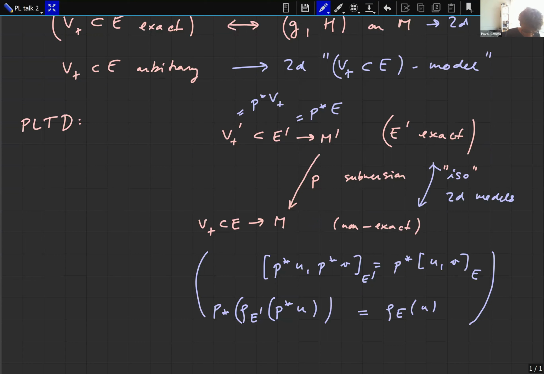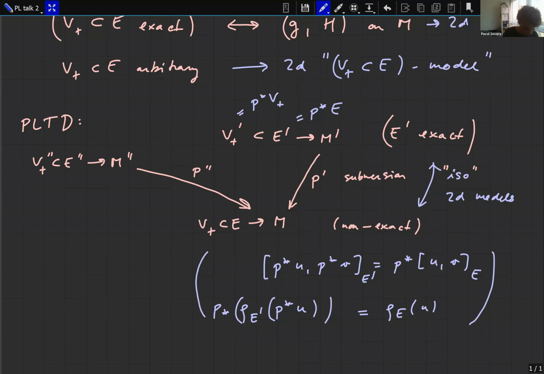But who cares about those generalized two-dimensional models? The true thing is that if you have another target space, M double prime, and there is some P prime, this would be P double prime, and here we take E double prime, and inside V plus double prime, sitting like that.